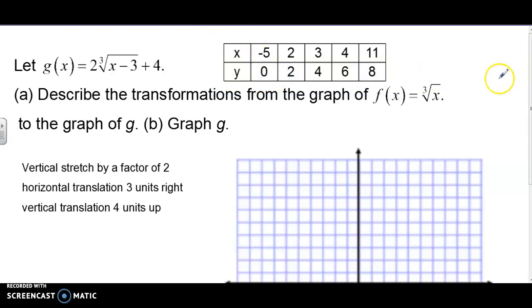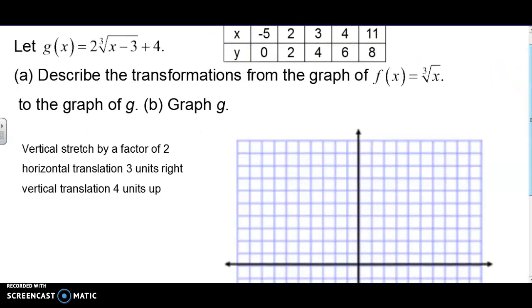So I'll go ahead and graph the points that I can. So I have -5, 0. I have 2, 2. 3, 4. 4, 6. And 11, 8, which is over here, so I'll just know that I can't go past that.